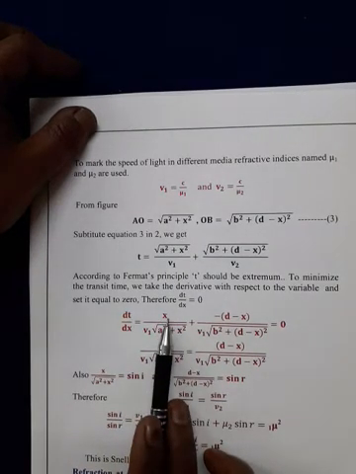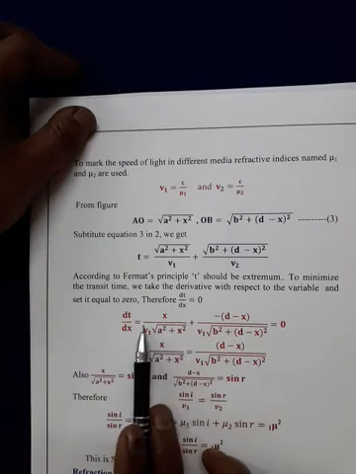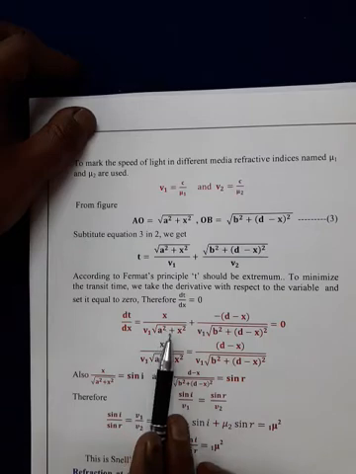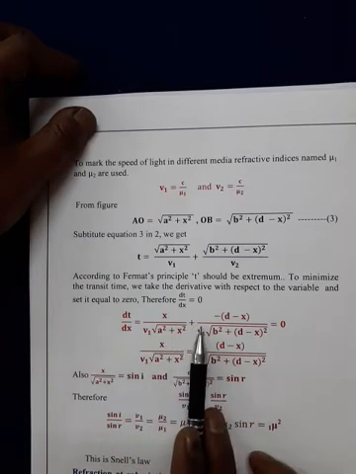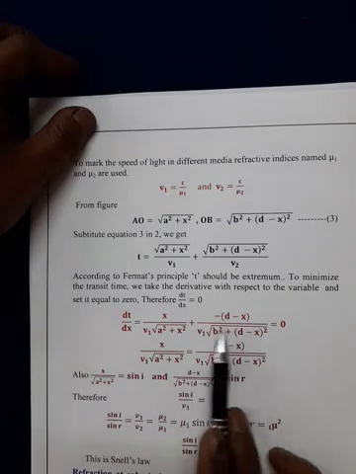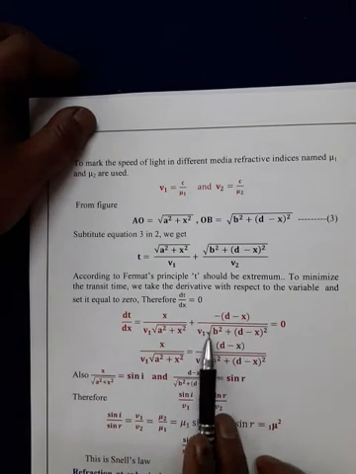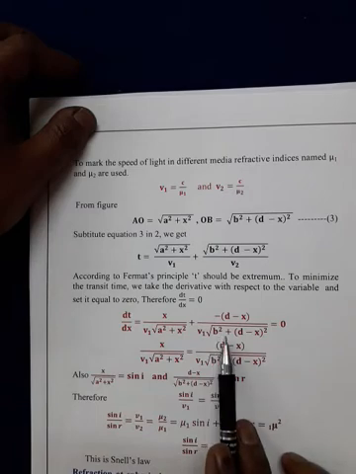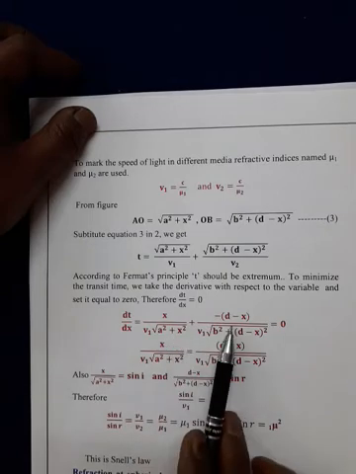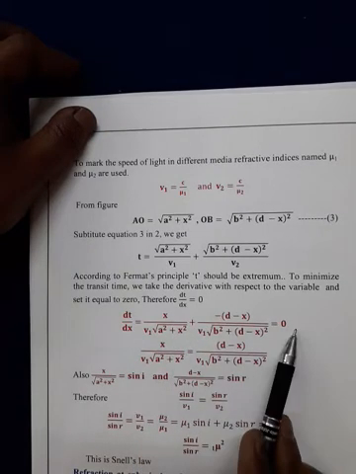If I substitute that value, it becomes x divided by v1 under root of a square plus x square, minus d minus x divided by v2 under root of b square plus d minus x whole square. Now equate these two, taking this one to the right side.